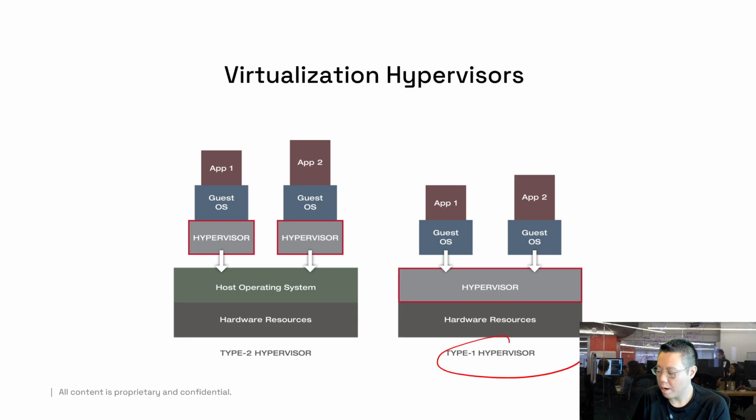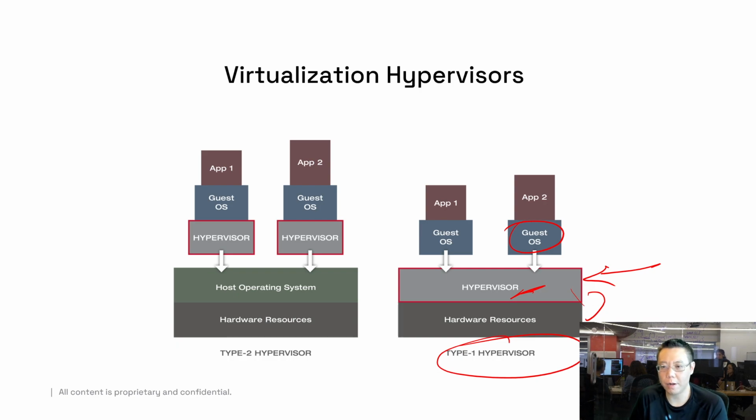Going back to type 1 hypervisors, think of it as one lesser number means one layer less. We are replacing the OS, and while we're replacing the OS, we give resources back to the hypervisor and bare metal and guest OSs. Well, now we have an issue of portability. What if we didn't support all the drivers? That hypervisor software replacing my OS now needs to know exactly how to talk to my hardware and has to have the right drivers for it, and it may not always be the case.